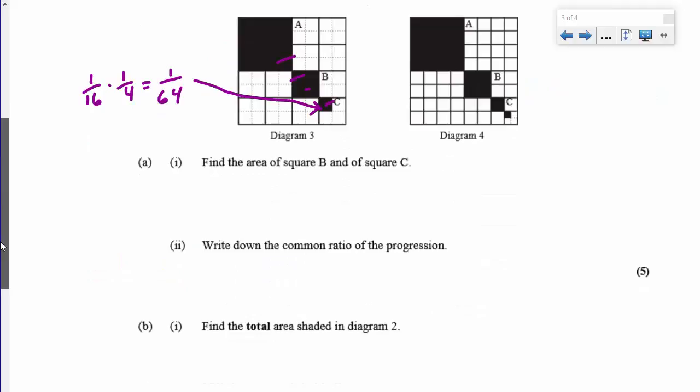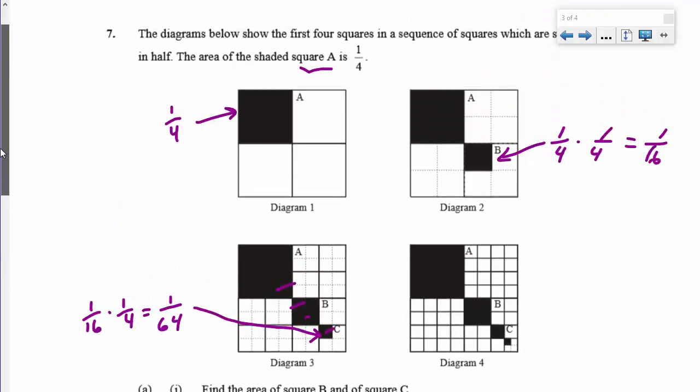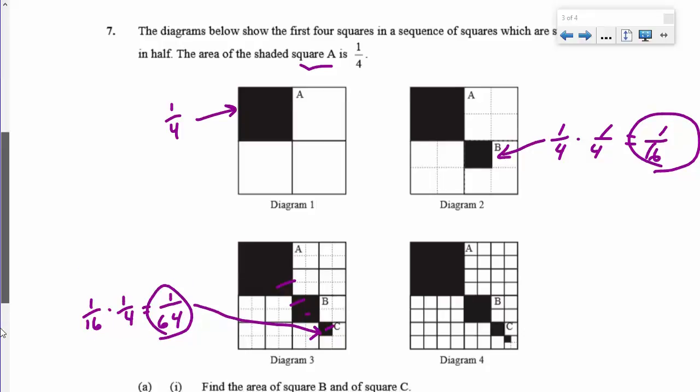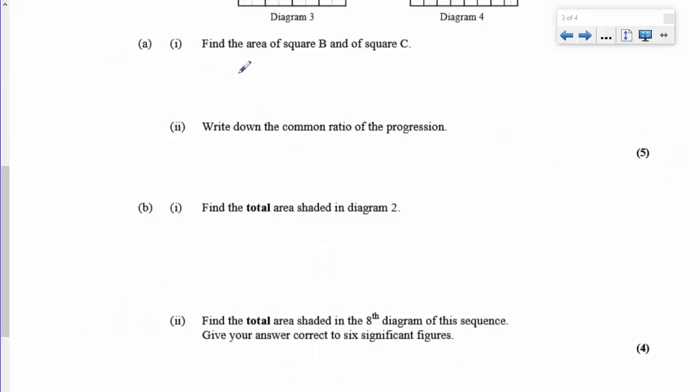Find the area of square B and square C. I just told you right here that the area of square B is a 16th. The area of square C is a fourth of that, which is 1/64. So your two answers for this are 1/16 and 1/64.